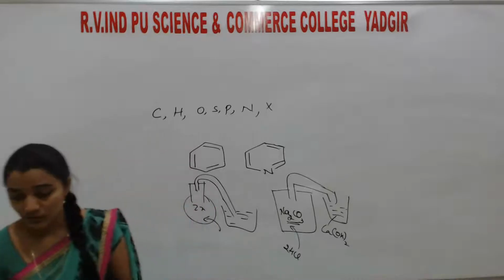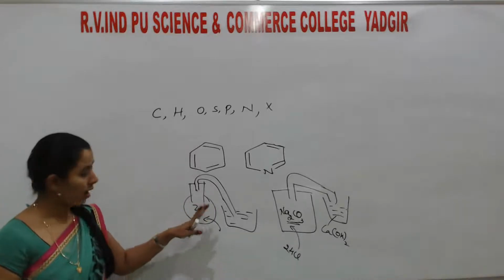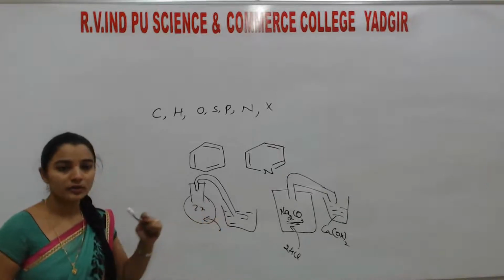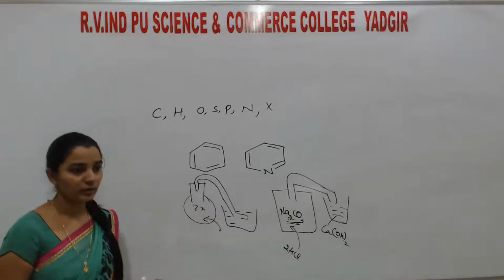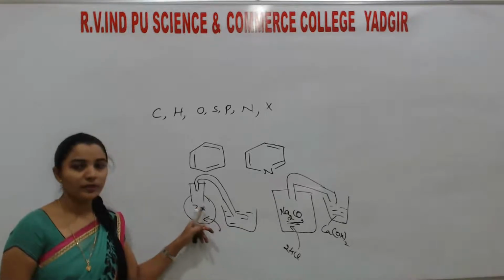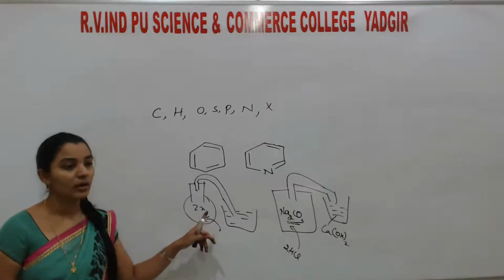Understood? We cannot see how the reaction takes place inside. We cannot see how zinc is converted to zinc sulfate or zinc chloride. If we use H2SO4, it changes to zinc sulfate. If we use HCl, it changes to zinc chloride.